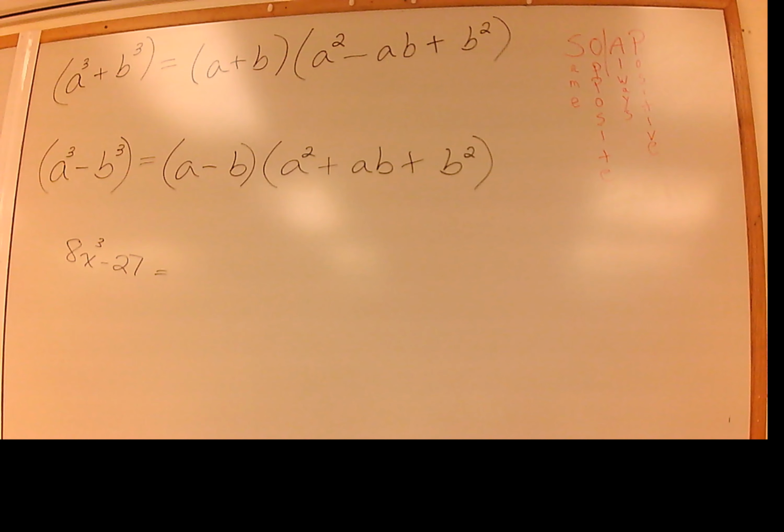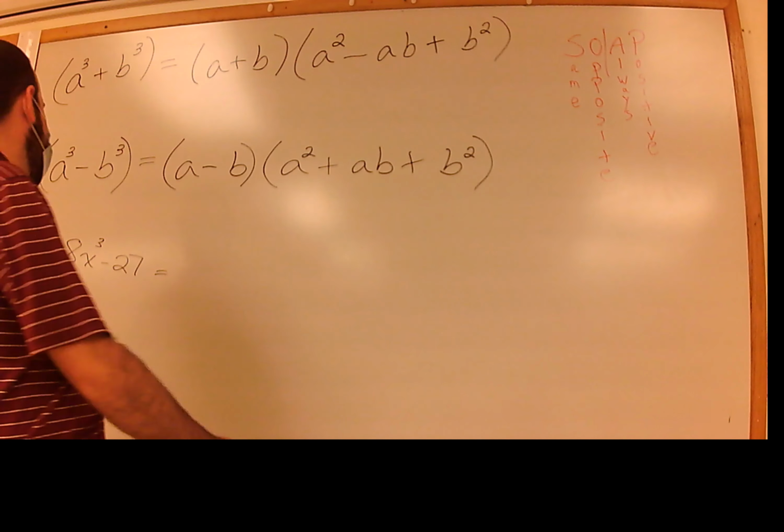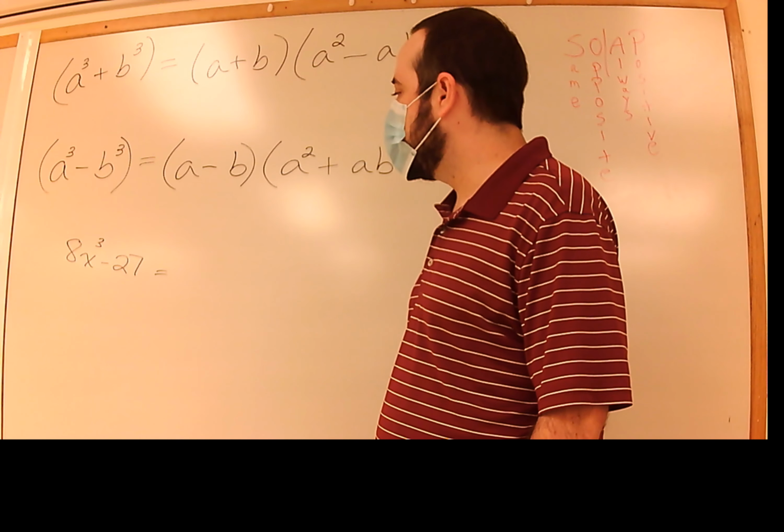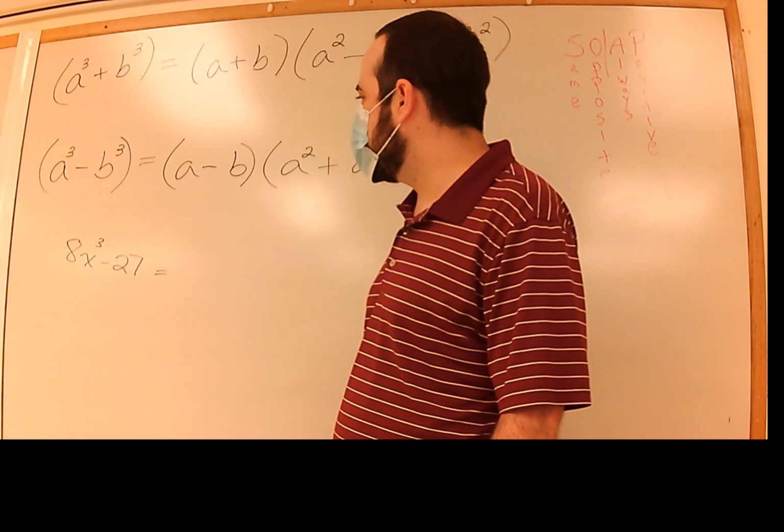That's the difference of 2 cubes. 8 is a perfect cube, x cubed is a perfect cube, 27 is a perfect cube. Difference, so we're going to use the bottom one. What do we end up with?